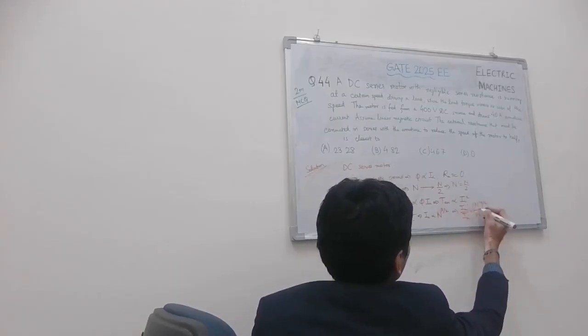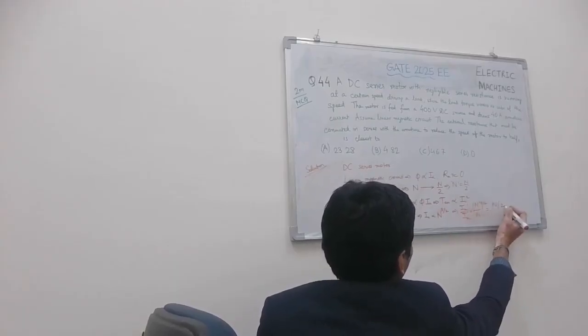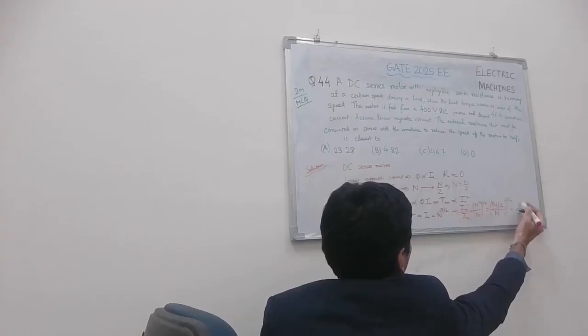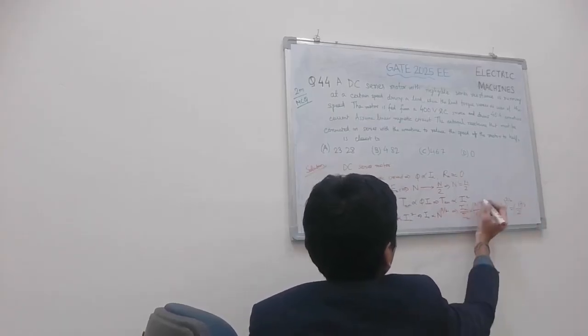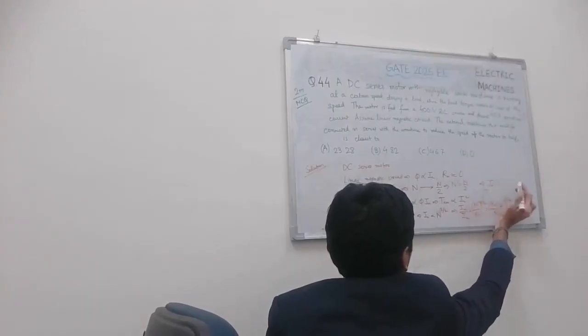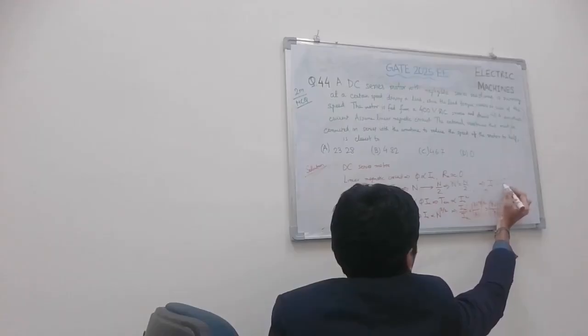Now n prime equal to n by 2, so we have n by 2n, that is half, to the power 3 by 2. Or IA prime equal to IA by 2 root 2.